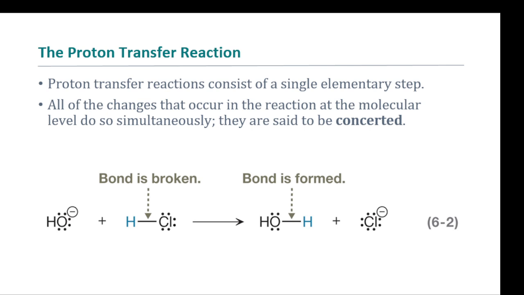You can't break it into multiple portions. So again, what's going to happen in these reactions is we're always going to break the bond between the hydrogen and whatever its conjugate base is. This is then going to form a new bond with the original base, forming the conjugate acid.